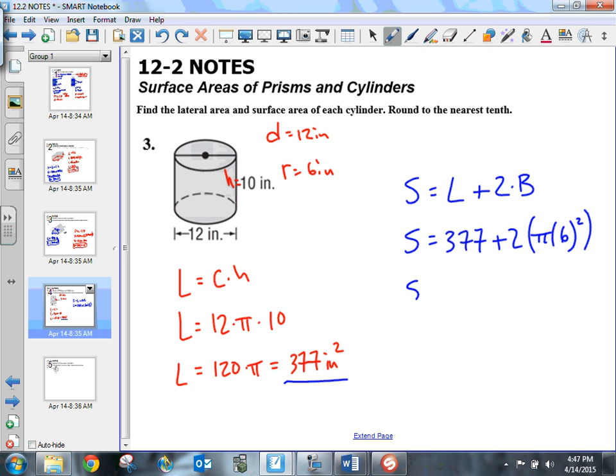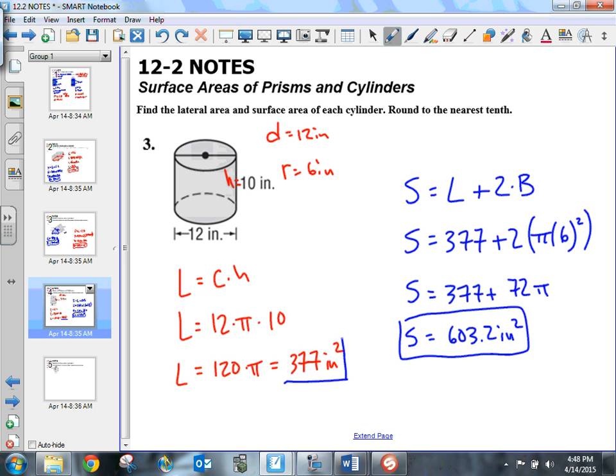Okay, and so then I end up getting that 6 squared is 36, times 2 is 72. So I get 377 plus 72 pi. And when I evaluate all of that, I end up getting 603.2 inches squared.